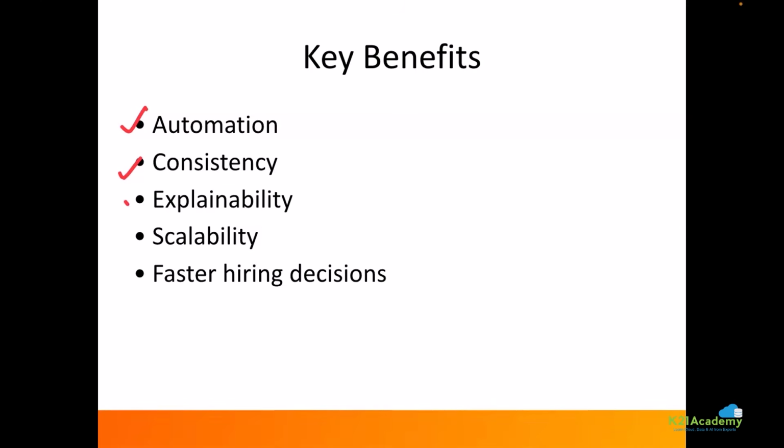Explainability is also an important feature, because your system doesn't behave like a black box. It doesn't just say score equals 65. It will explain why it chose a particular resume, because of skill match, or because some skills are not matching. So we can get that explanation behind every result by using this project.